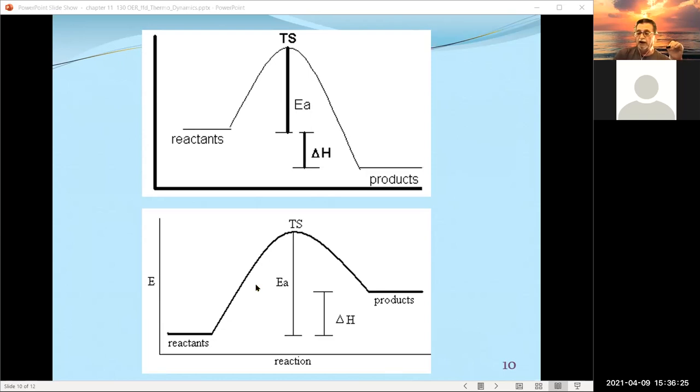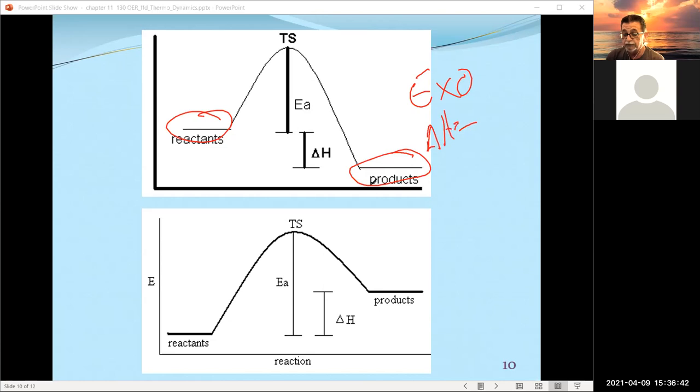So this shows the diagrams for both exothermic and endothermic. Exothermic is listed on top, endothermic on the bottom. Here again, note the difference. The product energy of an exothermic, this is exo, it would be a negative delta H, because the product is lower in energy level than the reactants.